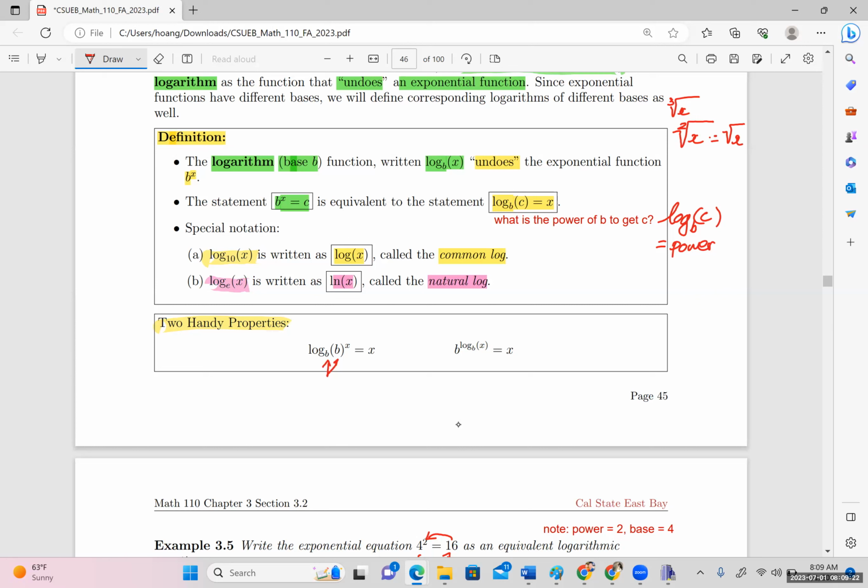You may try to decode this log as: what is the power that b is raised to to get b raised to x? That's just x only, right?